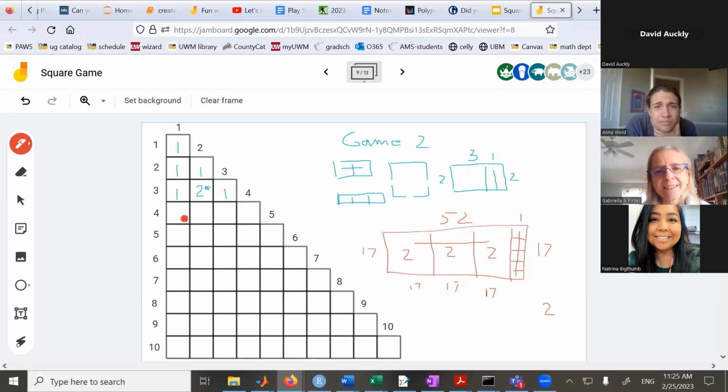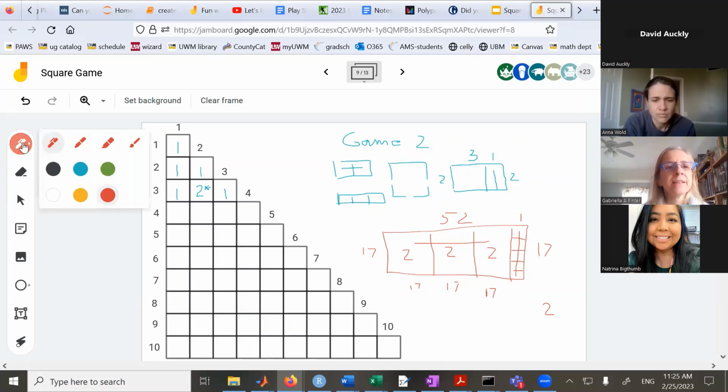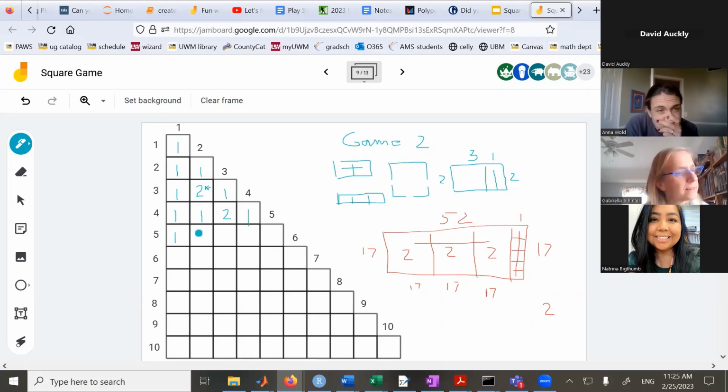And this table is really interesting for game 2. So if you find some more numbers here, this would look like, I think, 1, 2, 1, 1, 2, 3, 2, 1.